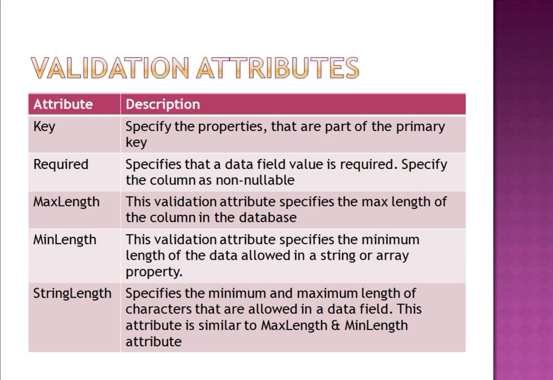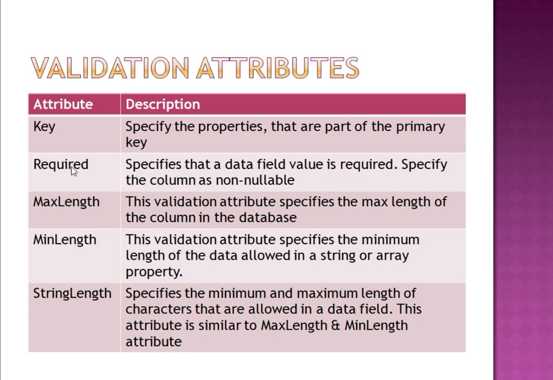The name should be ID or class name plus ID. If I am unable to follow that convention, suppose I want to give a totally different name to my primary key, in that case we can convey this information to Entity Framework with the help of this key attribute. This allows you to specify a different name for your primary key property.